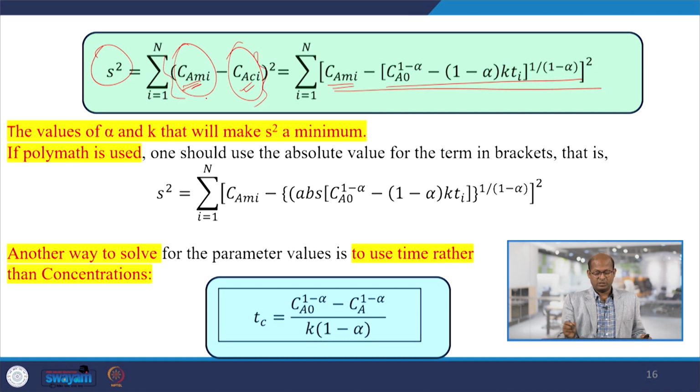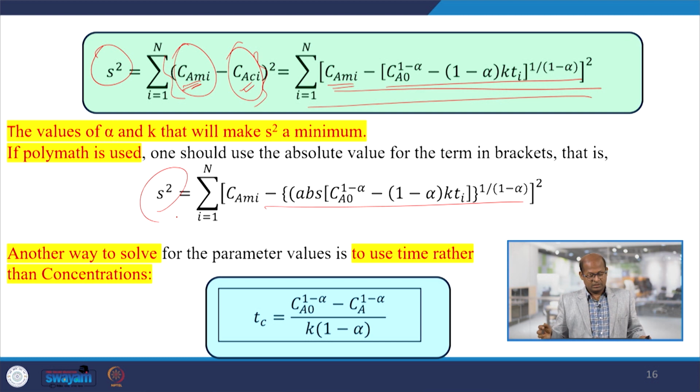Okay. By that way, for all the data points, the number of data points you have collected from the experiment, we have to evaluate the same number of data points from the calculations, and then we put the sum of squared differences here. By this way we can evaluate the sigma squared value.